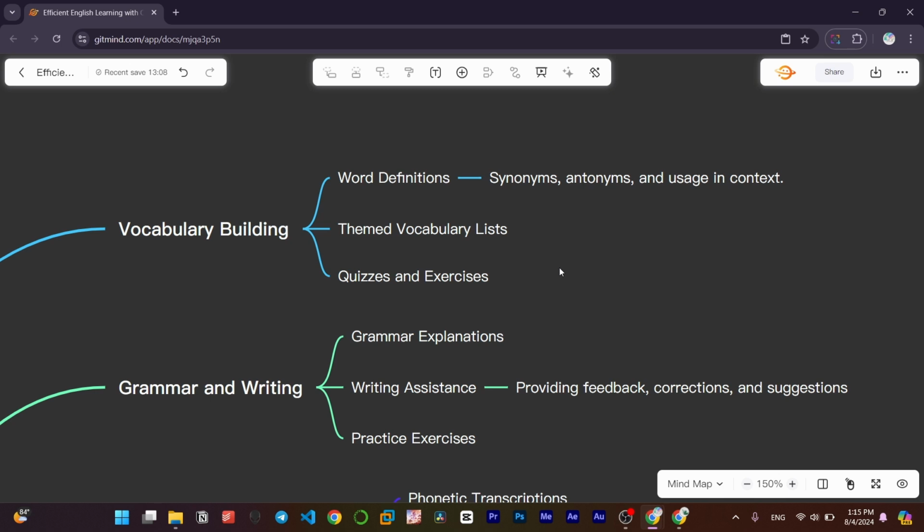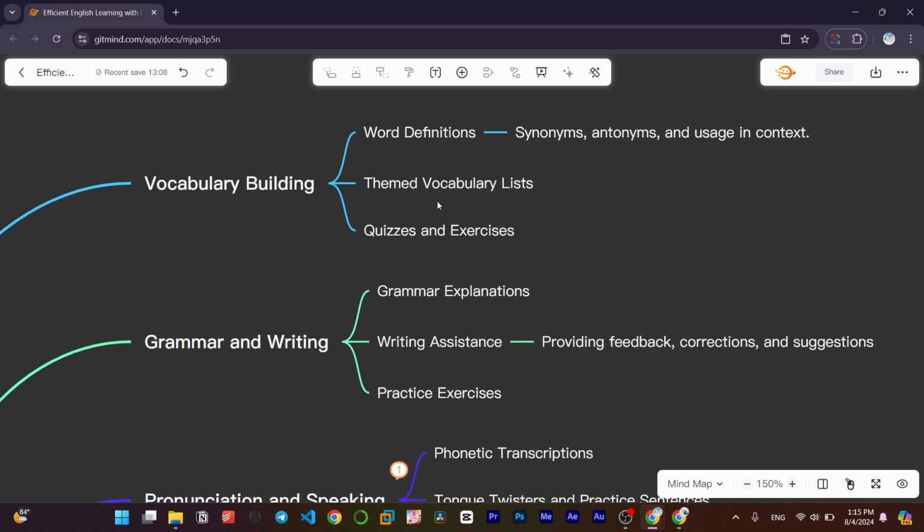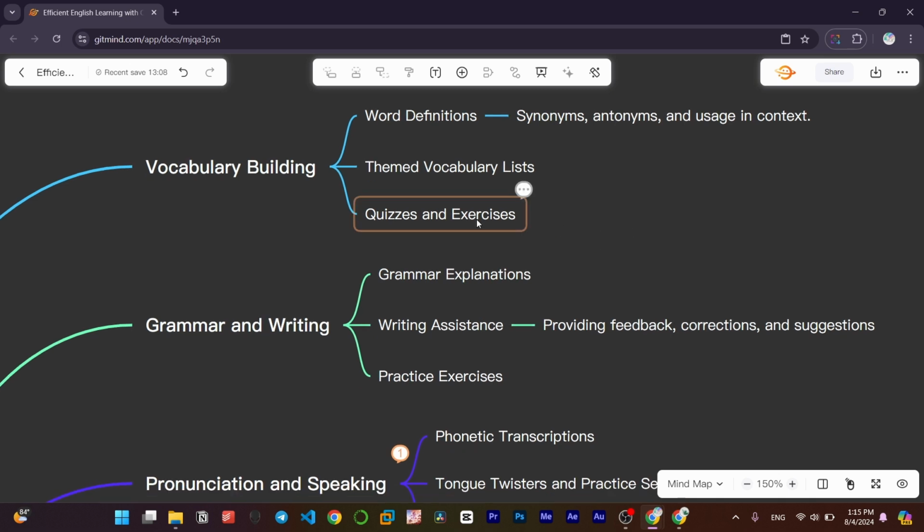Sorry, my perspective is all about English, but you can consider it for a wide range of languages that are used in ChatGPT, so please extend it to other languages too. You can use the vocabulary list, and it could help you, especially with exams if you have any. And I will show you in examples, and it can provide you quizzes and exercises, and it can test your abilities and understanding of what you learned.